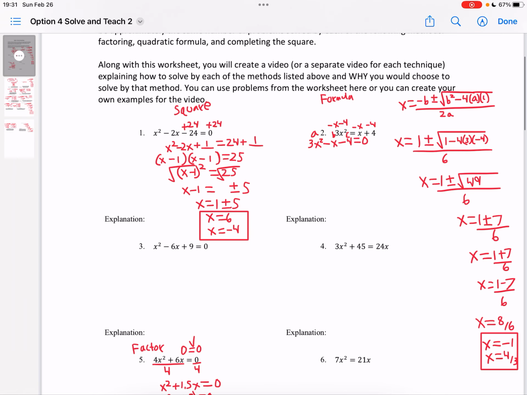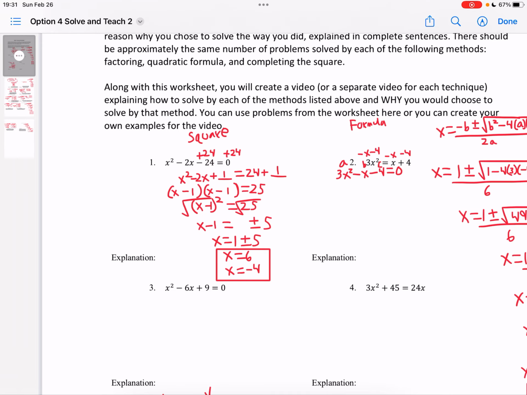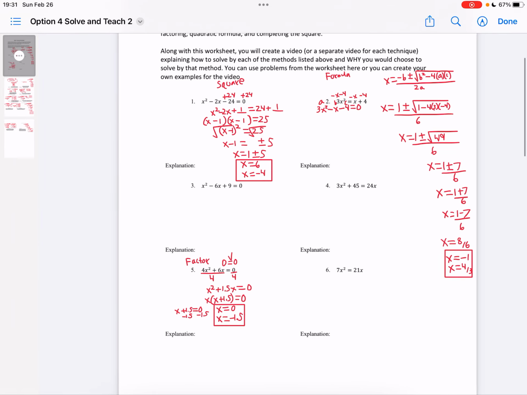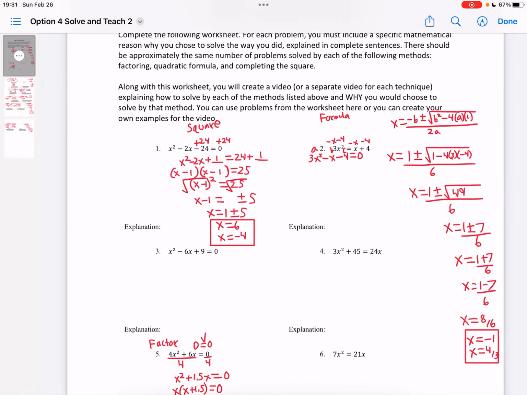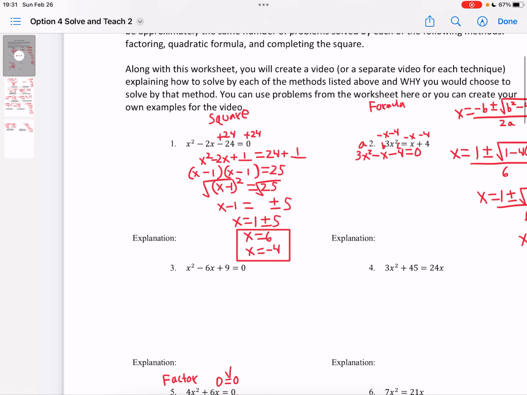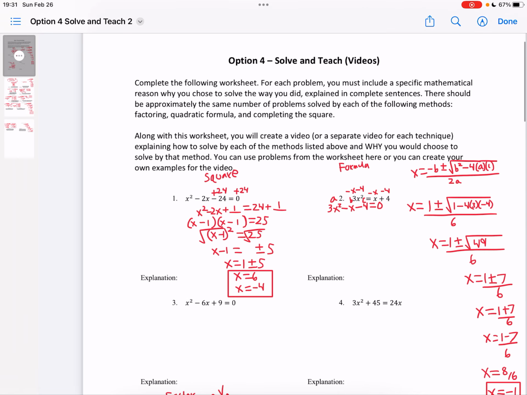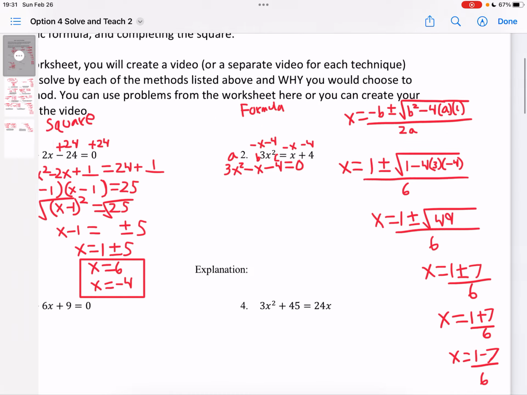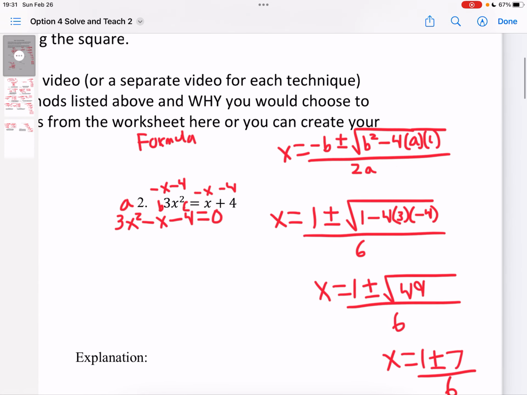Okay, so also for completing the square, quadratic formula, and what was the other one called? Factoring. The way you kind of know when to use them is, quadratic formula is the most obvious one.